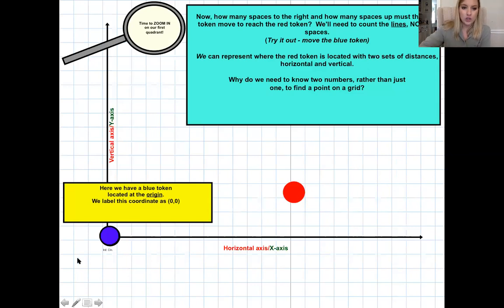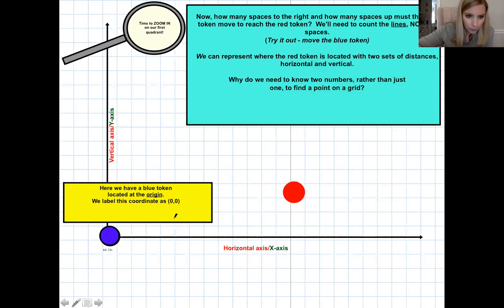First, I'm going to move my blue line to the right. And I'm going to go all the way until I stop, and then I'm going to go up. So I follow my x-axis first, and I count the lines, not the spaces, okay? And then we'll go up, we'll count the lines up.